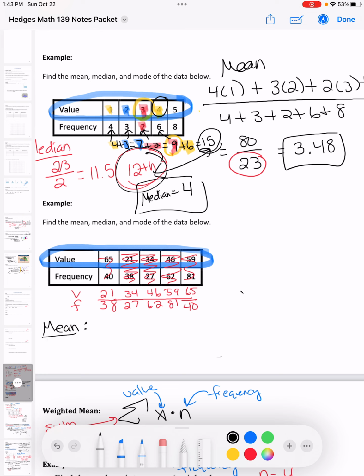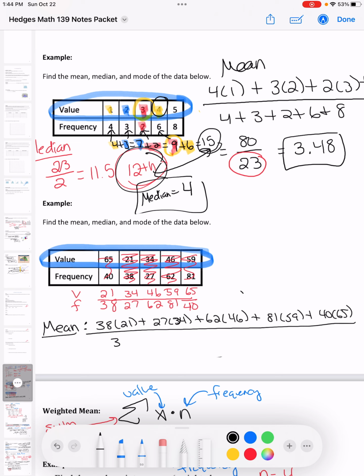So with the mean, I'm going to multiply the frequency times the value for each one of these. The frequency times the value. That's my numerator, and my denominator is a sum of all the frequencies.